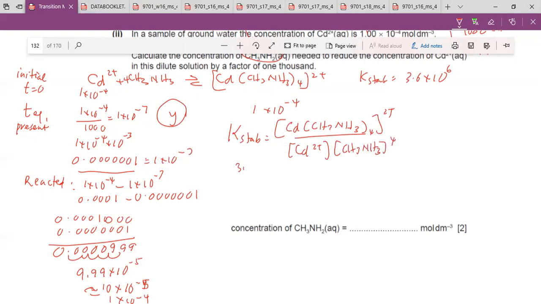So it's 3.6 times 10 to the power of 6, sorry. It's equal to, this one is how much? 1 times 10 to the power of minus 4.